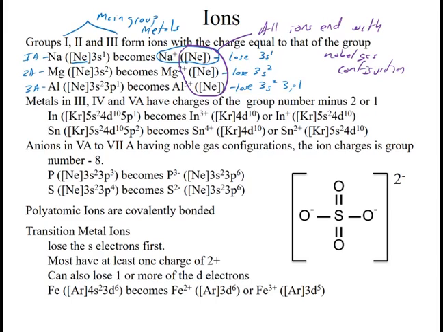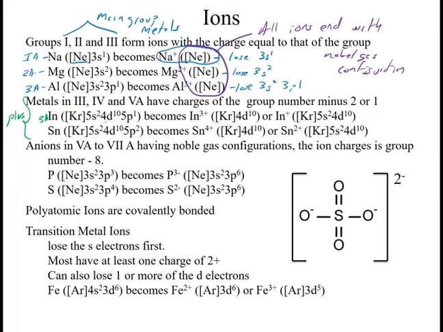For the metals in 3, 4, and 5A, which, when I talk about nomenclature, I call the post-transition metals. So indium is in 3A, but it's below the transition elements, and so it still has 3 valence electrons.